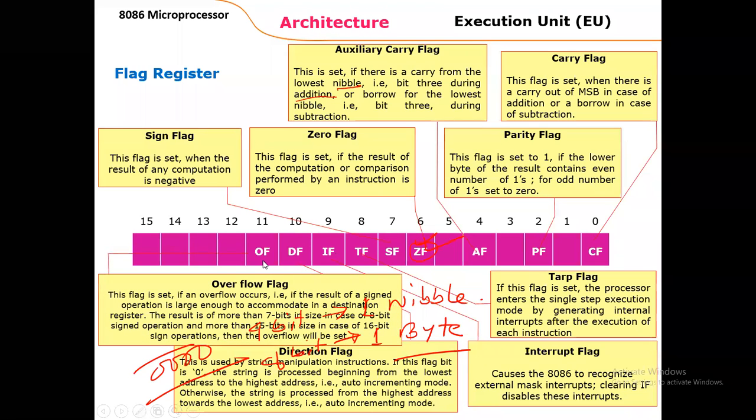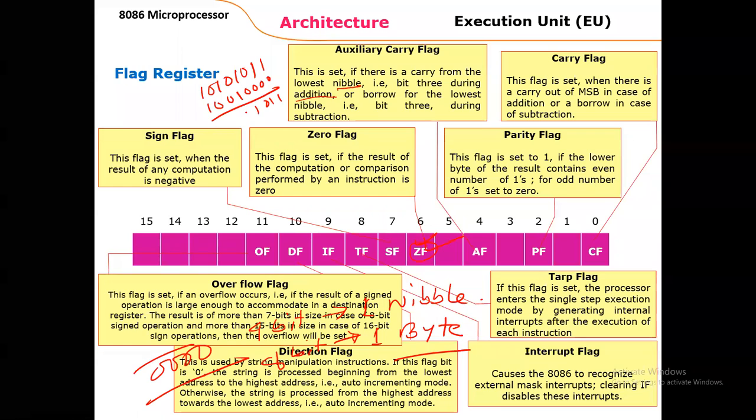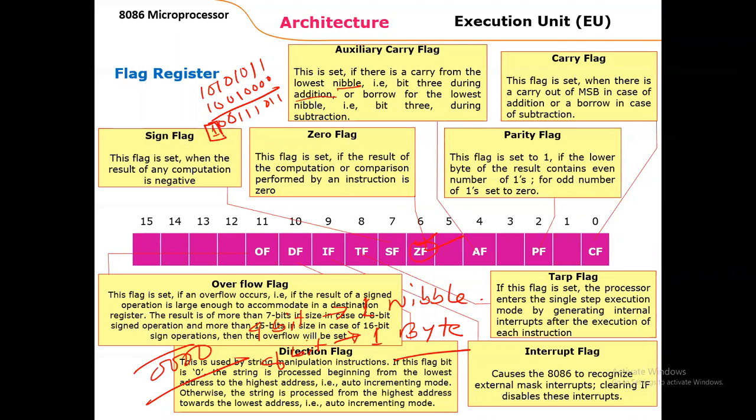And this is the overflow flag, for an extra result. Suppose this is an 8 bit addition, 1, 1, 0, 1, 1, 1, 0, 1, 1, 0, and then this one is the extra carry.